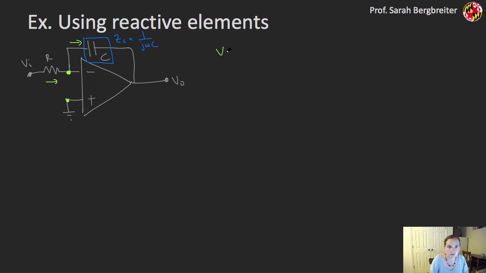So in this case, (Vi minus ground), because this voltage is ground since the inverting input is ground, over R is going to be equal to (0 minus Vout) over, in this case, this complex impedance ZC. That gives me a Vout of minus ZC over R times Vi.